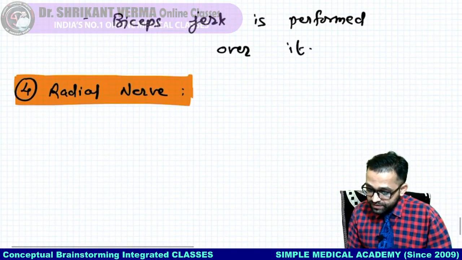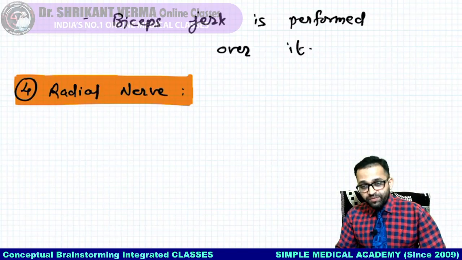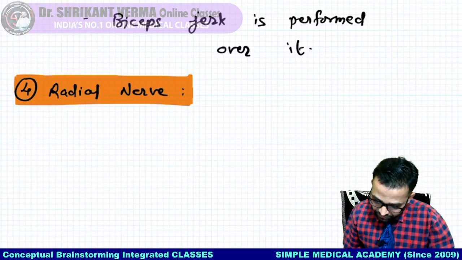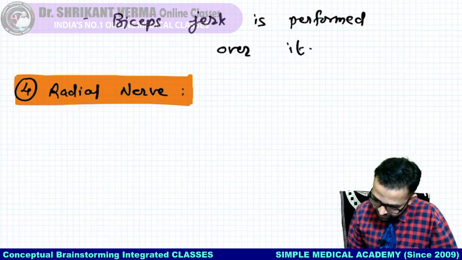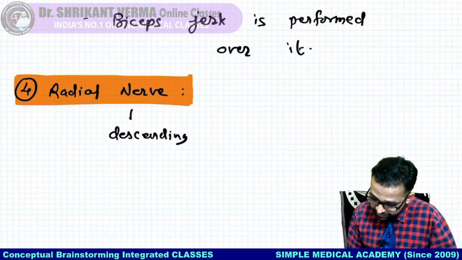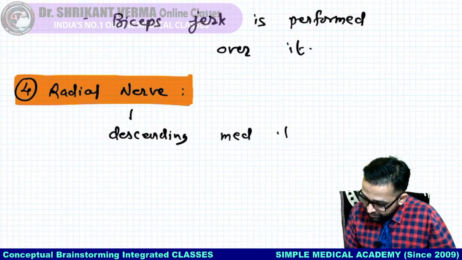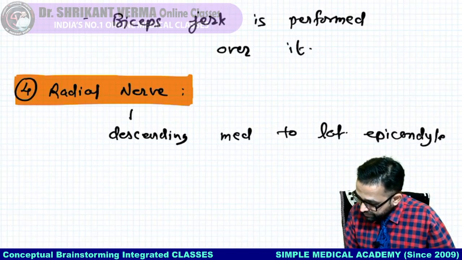So radial nerve is our content. Okay, sir. So what can you remember about this radial nerve? Yes, it is descending medial to the lateral epicondyle.